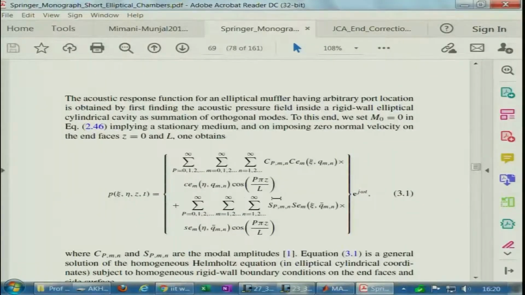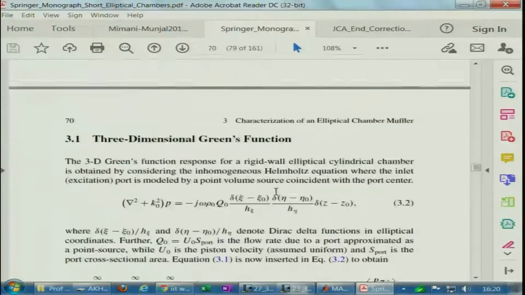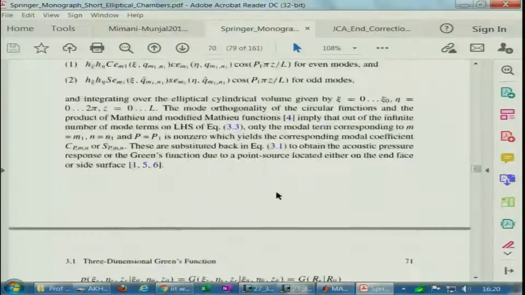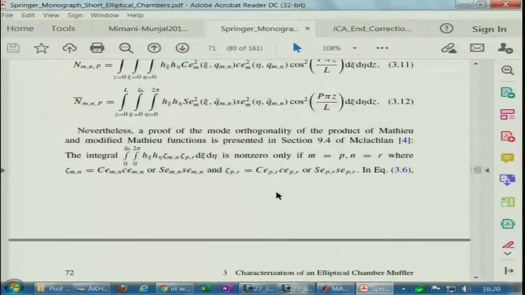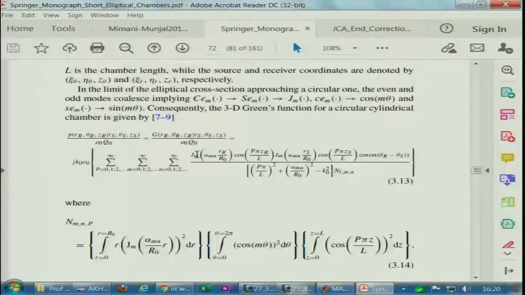This is the modal summation solution for the elliptical duct, but let us focus on the circular cylindrical duct, and once we put the modal summation back, we are going to get this as the Green's function solution.